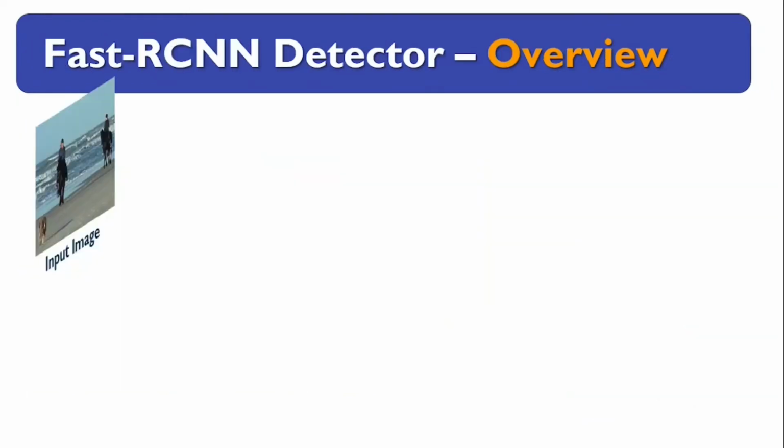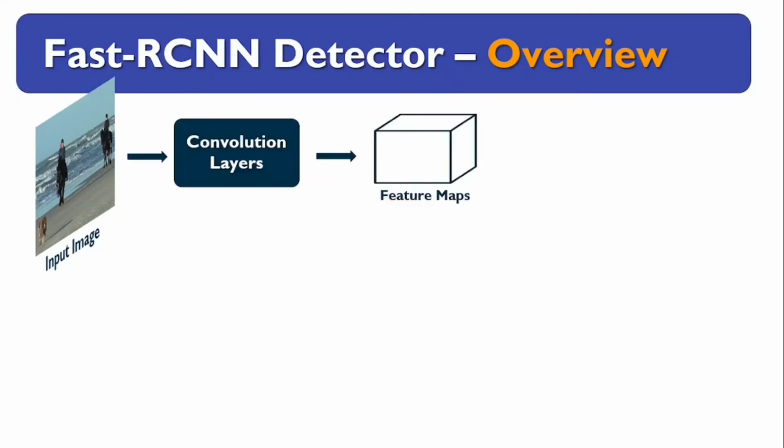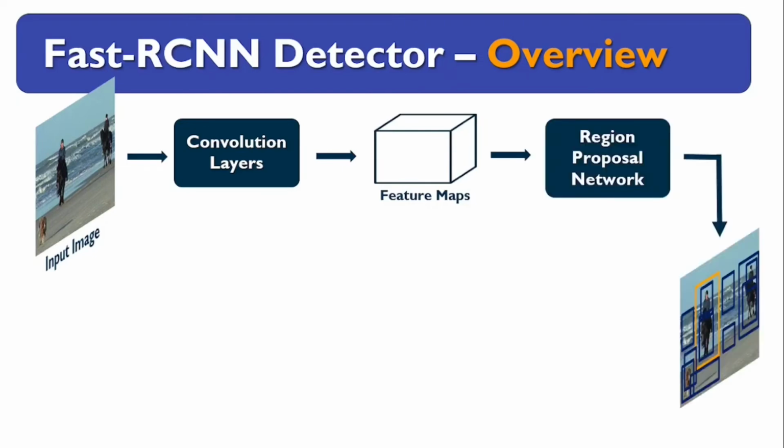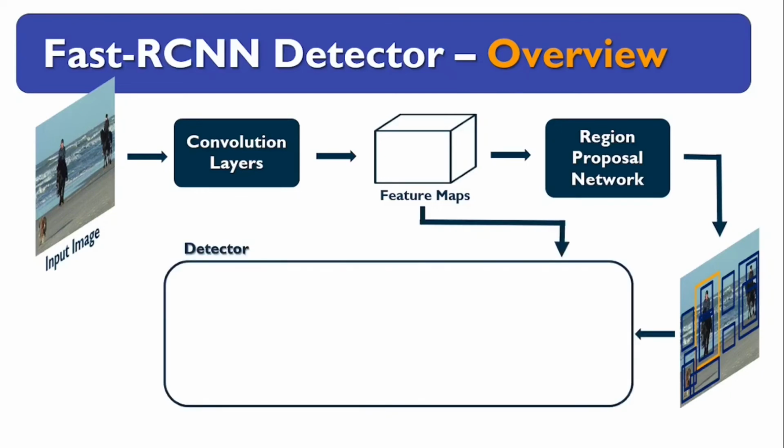Now let's try to understand the Fast-RCNN detector. Here an input image is first passed through a set of convolution layers which obtains feature maps. These feature maps are then used by the region proposal network to obtain numerous region proposals. Now inside the detector, we pass these feature maps and the region proposals and proceed as follows.